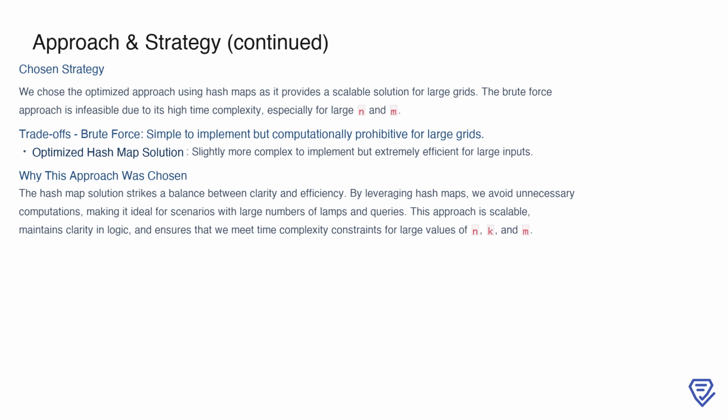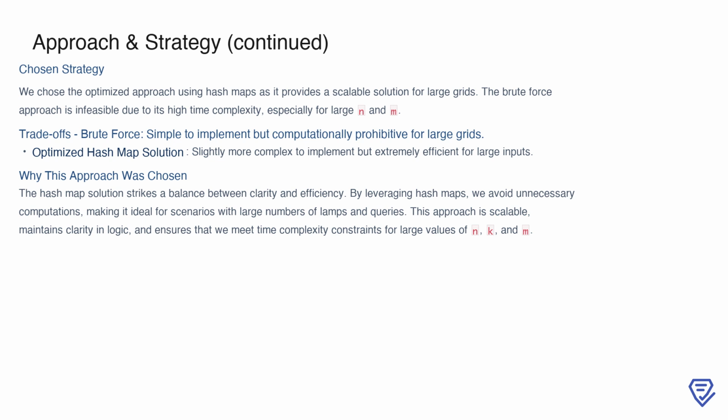This trade-off is well worth it, as the hash maps allow us to eliminate unnecessary computations and focus only on relevant illumination counts. This approach was chosen because it strikes an ideal balance between clarity and efficiency. It leverages the structure of the problem to minimize overhead, ensuring that we can handle scenarios with large values of N, K, and M effectively. By optimizing for both time complexity and scalability, this method ensures that the solution remains robust even for the most challenging test cases.